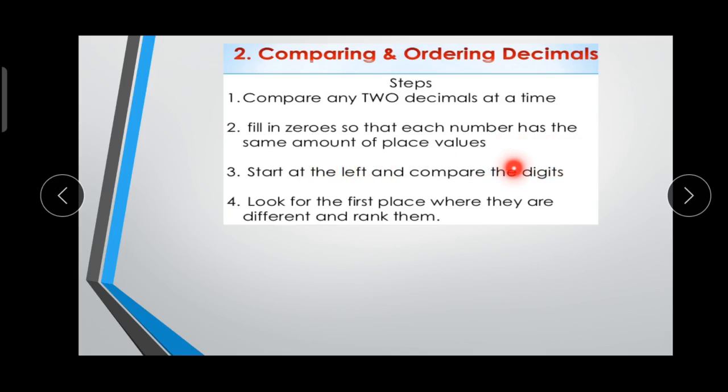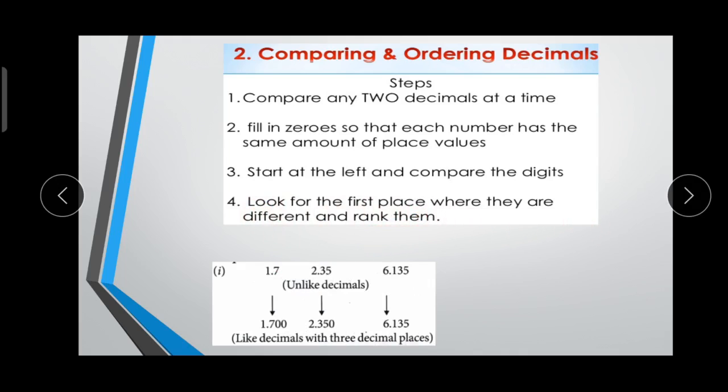For example, if one number is 5.0 and the other number is 3.50, the first number has only one place after the dot, and the second number has two places after the dot. Then start at the left and compare the digits. Look for the first digit where they are different and rank them. I'll show you one example, then you will be very clear.